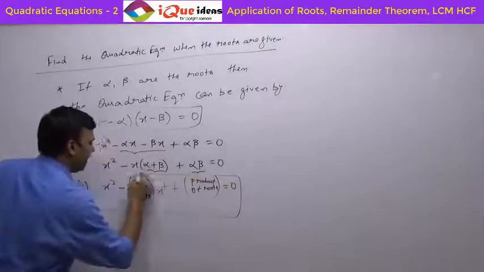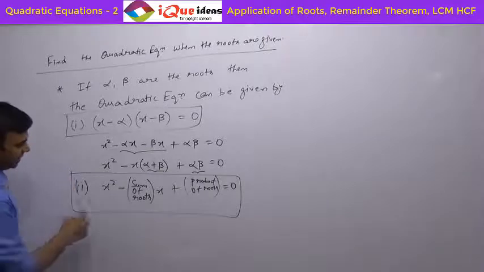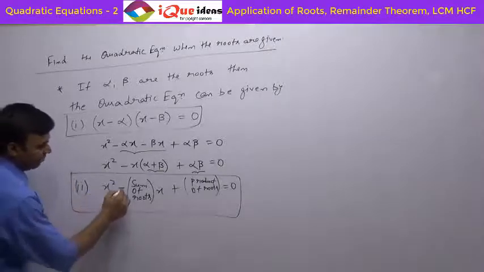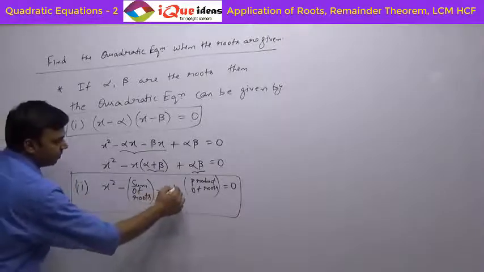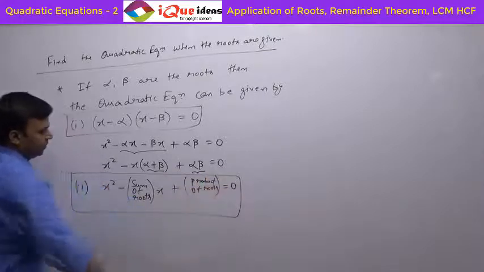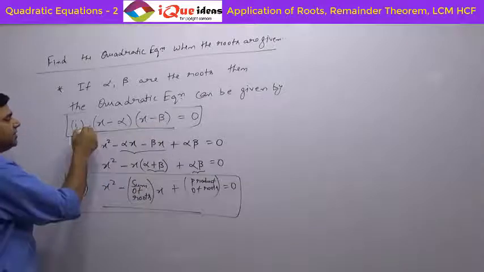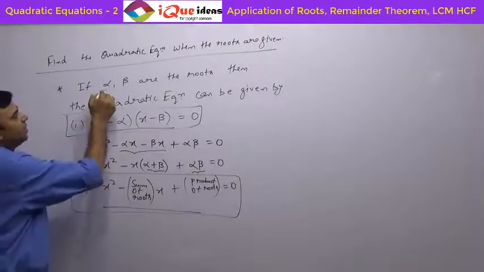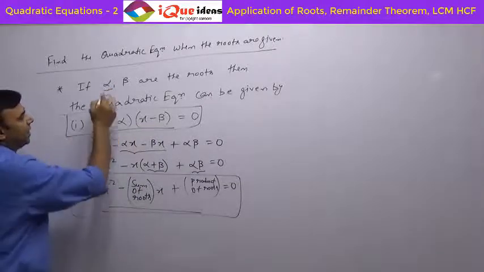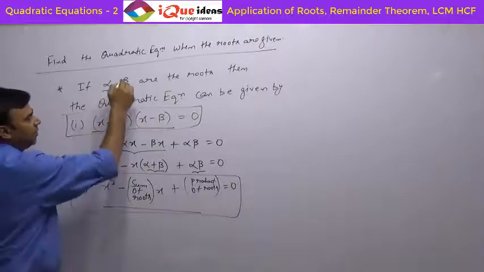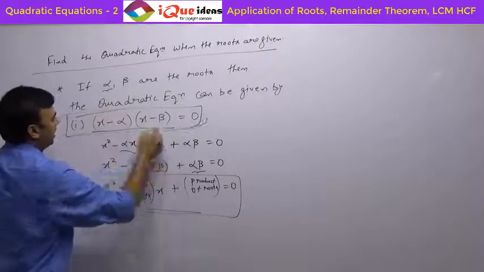Just memorize it directly. So if the roots are given, the equation can directly be given as x square minus sum of roots into x plus product of roots equal to 0. One method is this and the other method is this. This is the linear factor method, wherein corresponding to every root there is a linear factor. For alpha it is x minus alpha, for beta it is x minus beta, and this is the quadratic equation.